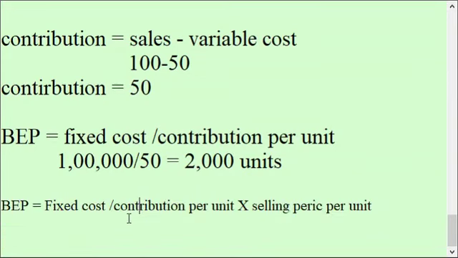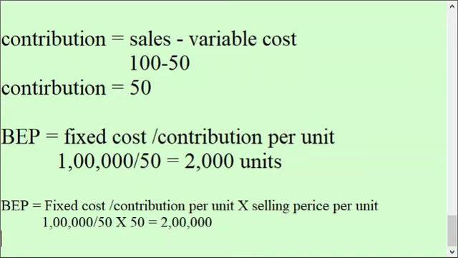Either we can apply this formula. Fixed cost is 1 lakh, divided by contribution, which is 50, into selling price, which is 100. So this gives an answer of 2 lakh rupees.